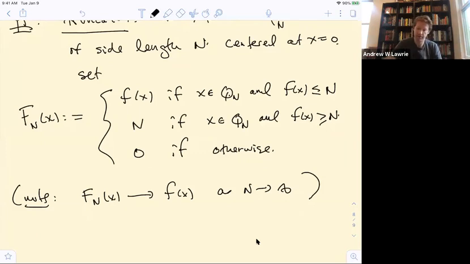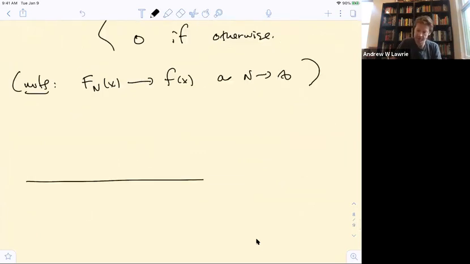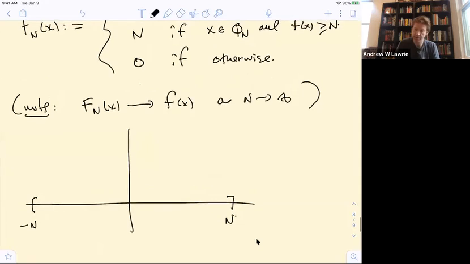So, right, here's the picture for a real valued function here on the graph. Here's minus n to n. There's my rectangle Q_n, and here's say height n, and here's f.